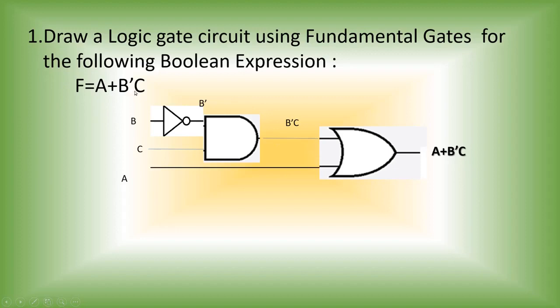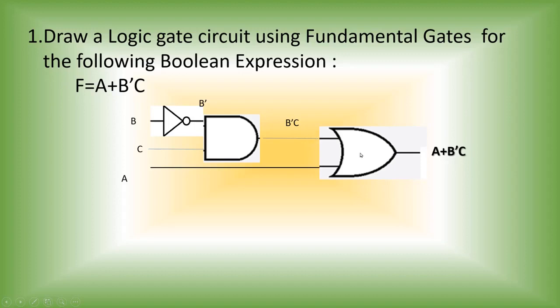First you have to identify the order in which the execution is taking place: the first NOT operation, next AND operation, then OR operation. That is the way you identify the operations, then take the corresponding gate and draw the circuit. You have to label each of the inputs and each of the outputs. For each gate, the inputs you have to label and the output also you have to label.